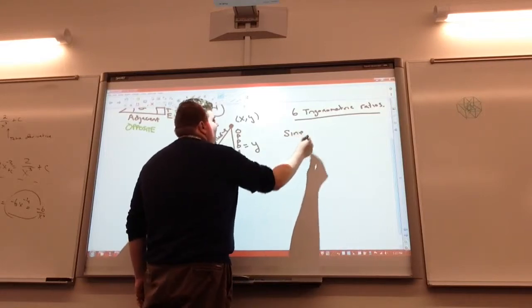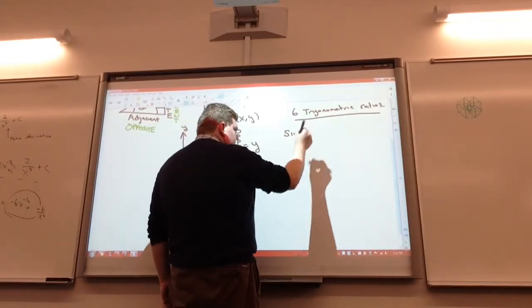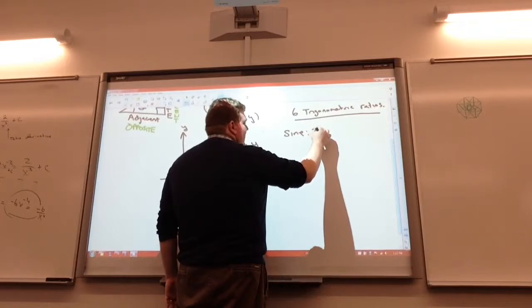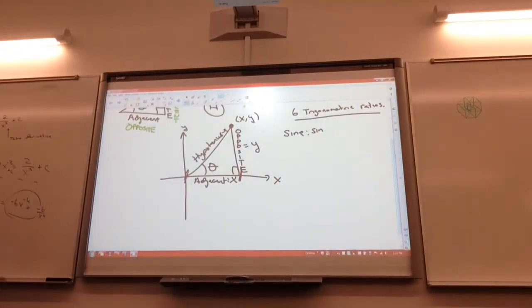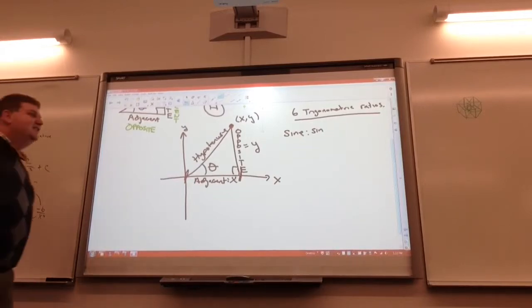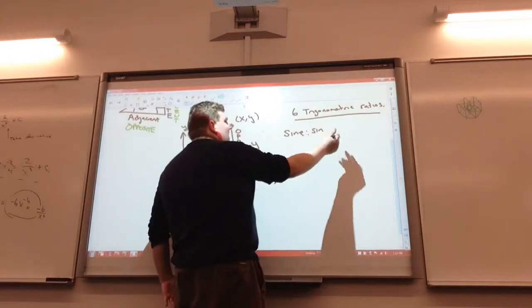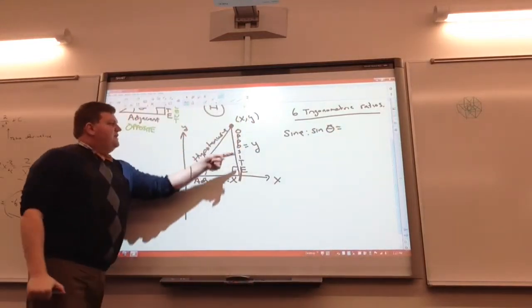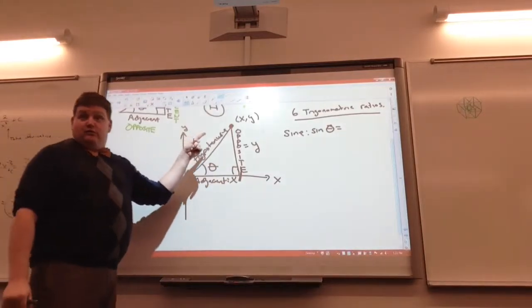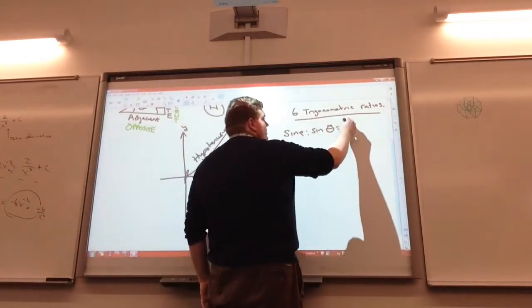Okay? The first one is called the sine, okay? And the sine is abbreviated S-I-N. Don't say sin, say sine. It really annoys me when people are like, sin theta. No, sine of theta. Okay, so the sine of theta is equal to the ratio of the opposite side to the hypotenuse. So it's y divided by h, okay?